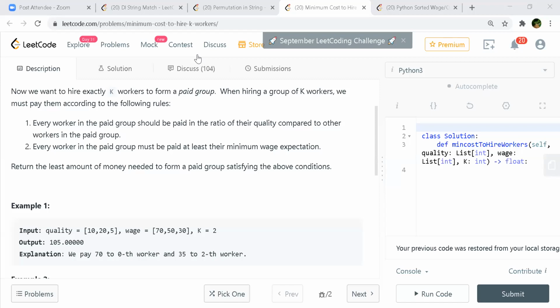And if the wage is smaller, then the ratio is still going to be smaller. So whenever the ratio is smaller, it is always good for us, right? So we collect all those prices based on that, and then we take the first minimum values. That will be the best for us. And then we repeat the same thing for each and every worker. So that might be a sort of brute force.